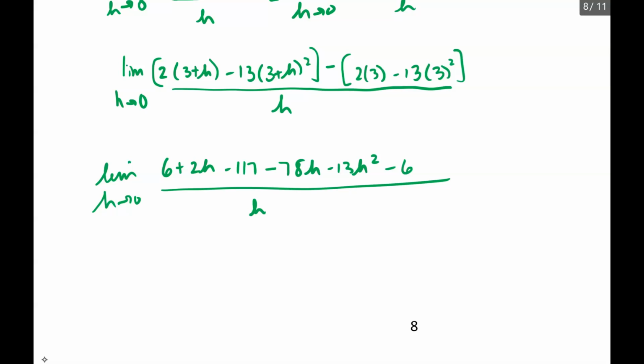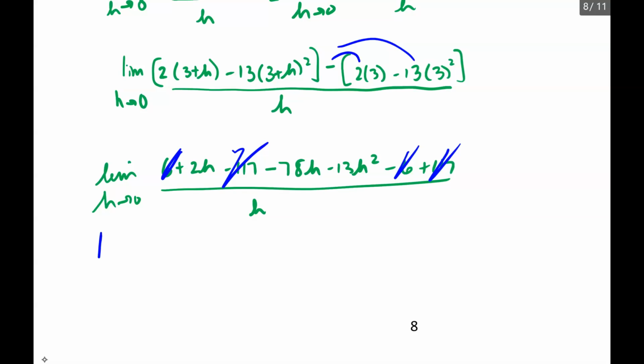Then 3 squared is 9, 9 times 13 is 117. This is going to be a plus 117 because we're distributing the negative. Distribute the negative after you FOIL. Negative 117 plus 117. Minus 6 plus 6. Yeah, the number's right.